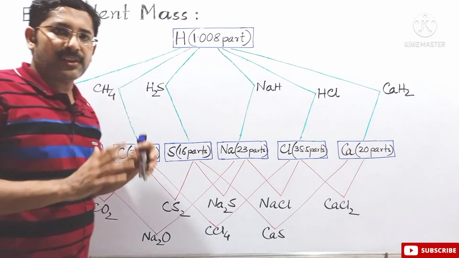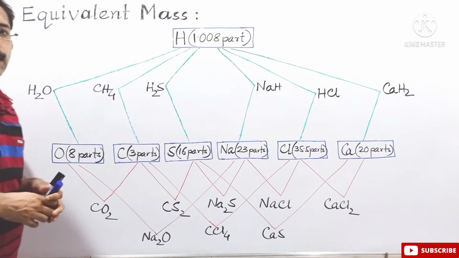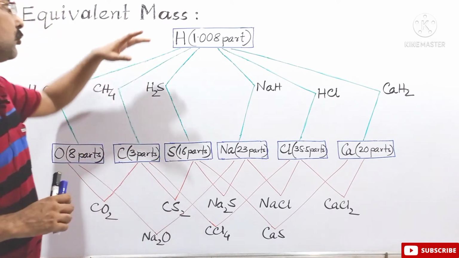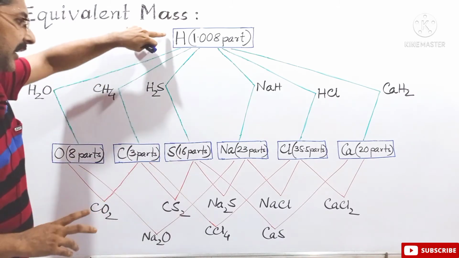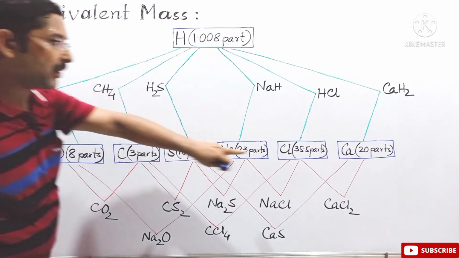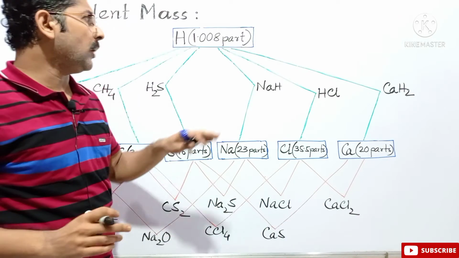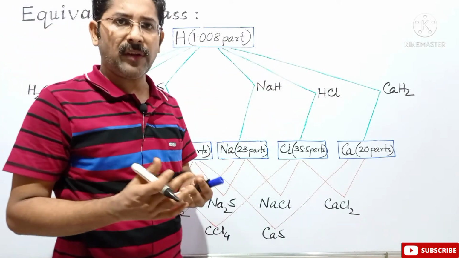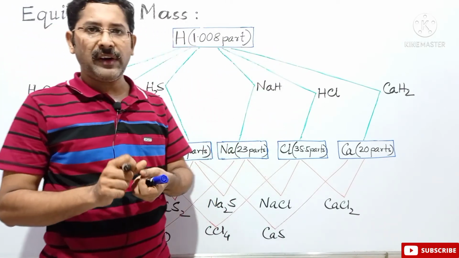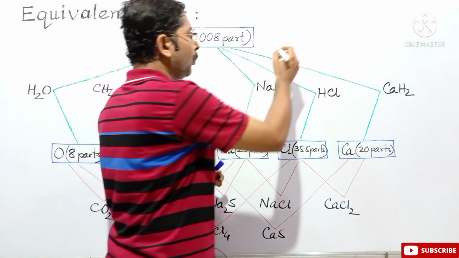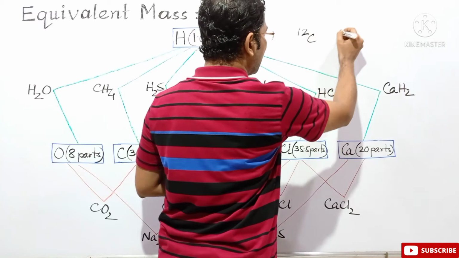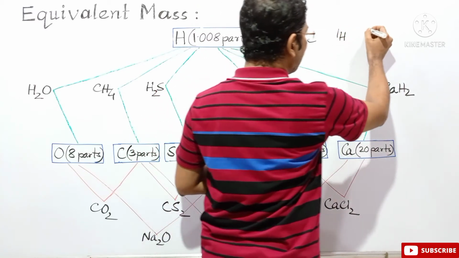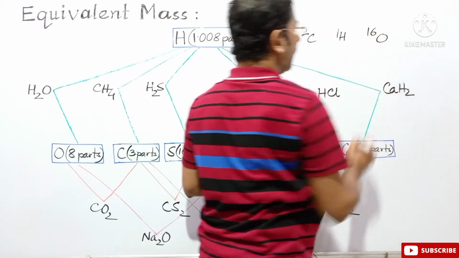So equivalent mass is a wide concept, but literally it is defined with respect to 3 different elements. The standard elements are hydrogen, oxygen and chlorine. As you know, atomic mass or molecular mass of elements are defined with respect to 3 scales: one is the 12C scale, another is the 1H scale, and the other is the 16O scale.